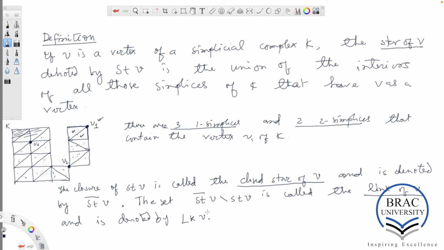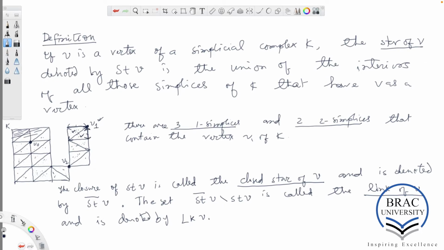So in this diagram, we see the interiors of these five simplices. There are these three one simplices, and these two two simplices. If I take the interior of these five simplices, this is the interior of the edge containing v1, this is the interior of the top edge containing v1, and the right edge containing v1 has the interior given by this open set.